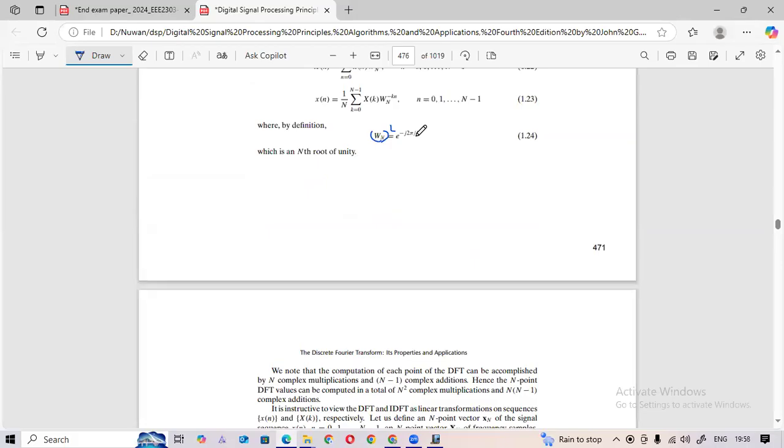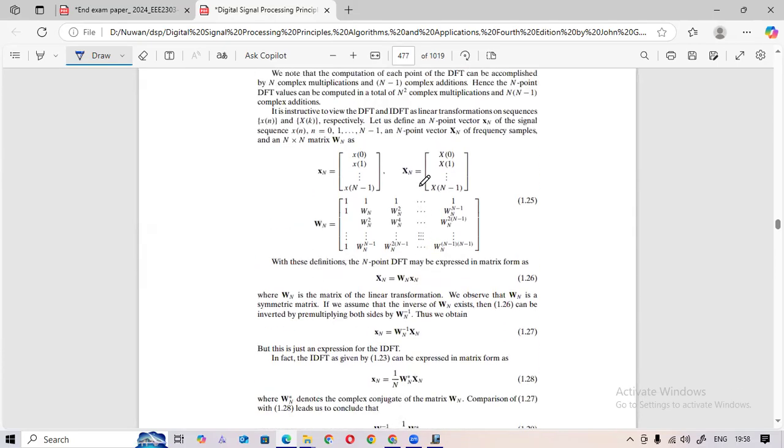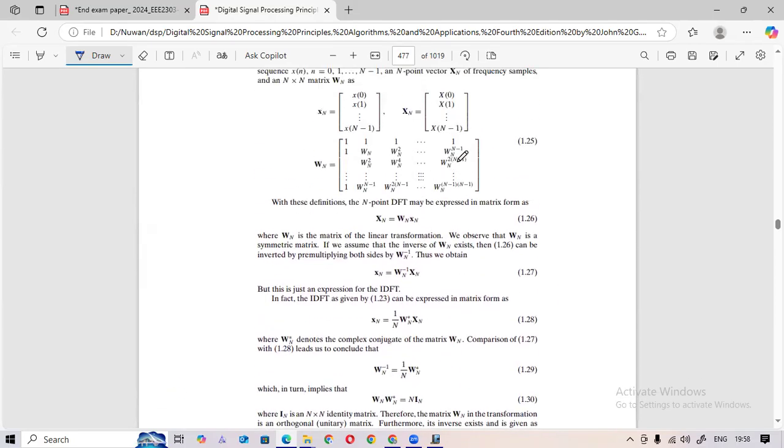N is given, for example if N is 8, you can calculate this using the Euler formula or maybe a calculator. This will be a complex number, then you have to take the square. Then omega 3, again you can get it. Once you calculate some values, you can see that these are repeating. So it is not much difficult. Using the matrix, you can easily calculate these omega N values.